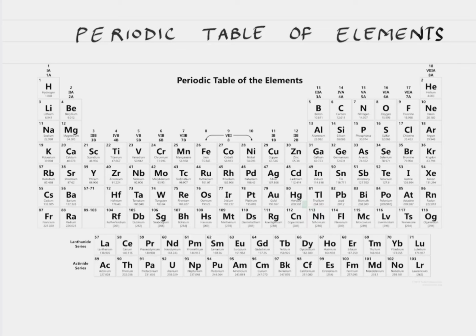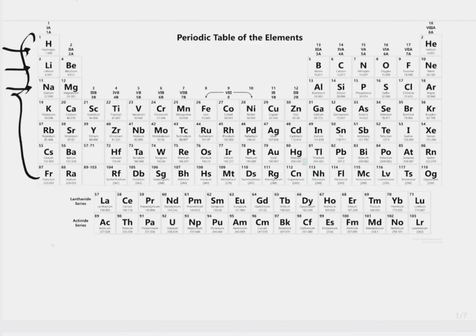In this periodic table we have 7 rows. These 7 are the rows, horizontal rows, and they are called periods. How many periods do we have? We have 7 of them in total, and they give you the idea of the highest principal quantum number.